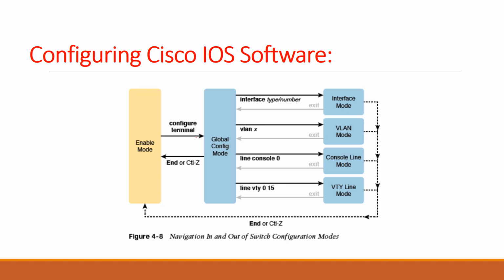As we mentioned, to move from the enable mode to the global configuration mode, type configure terminal. To go back, hit end or Control Z or type exit. To go to the interface mode, type interface and number, hit exit to go back. And as we mentioned in Packet Tracer, this gives you a brief description about this slide.